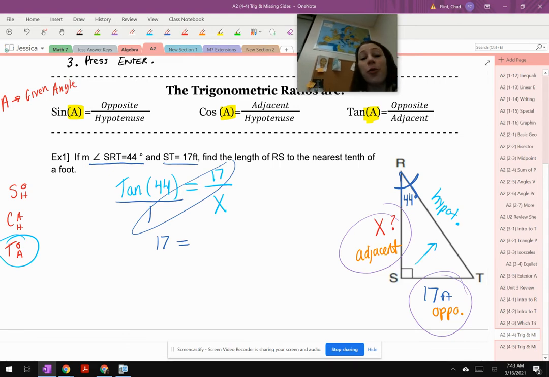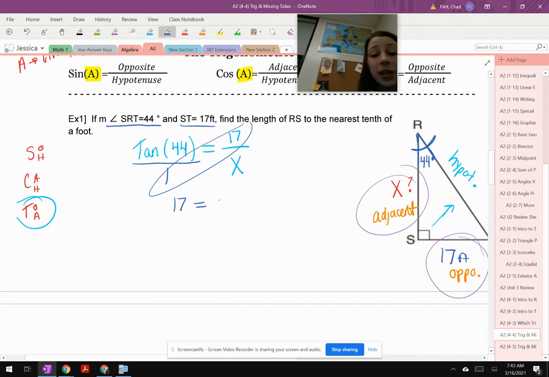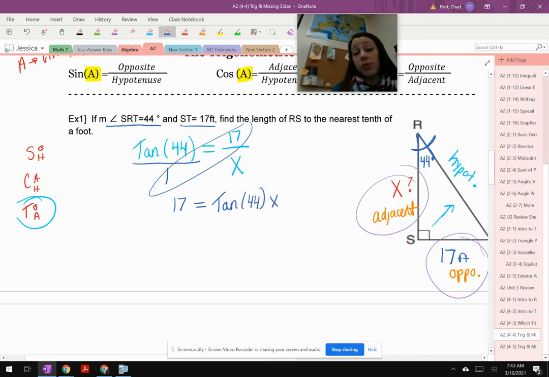The tangent of 44 times X is going to be the tangent of 44 times X, right? Just times X. And then if I'm solving for X here, I would need to get rid of the tangent of 44. And those two pieces are being multiplied, right? This is multiplication.